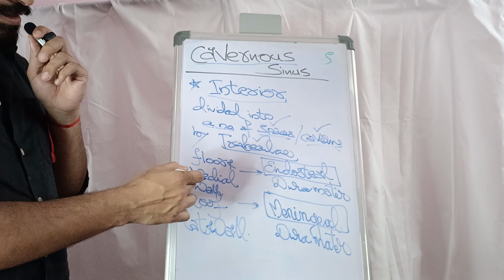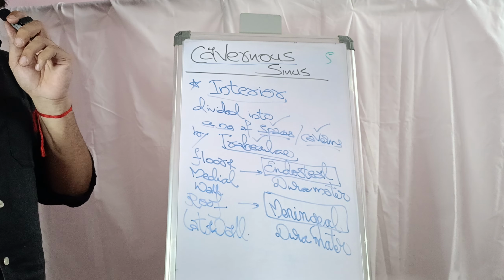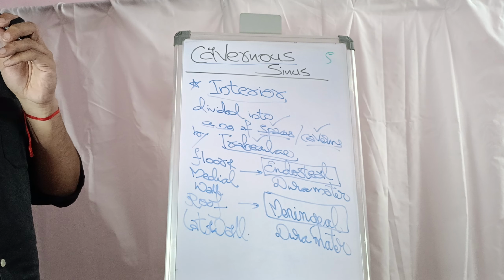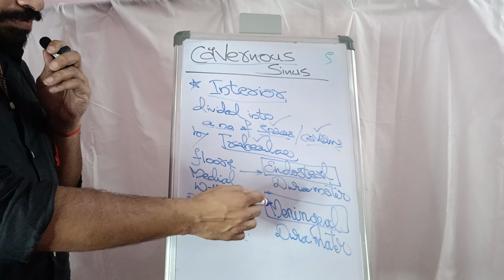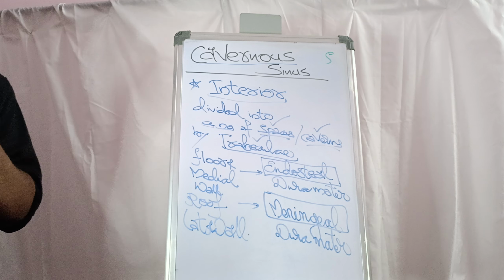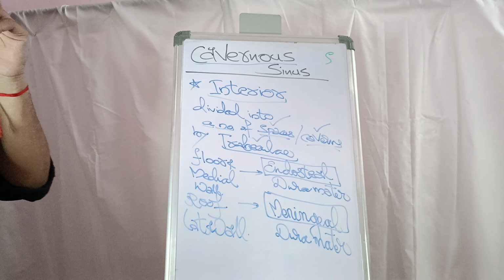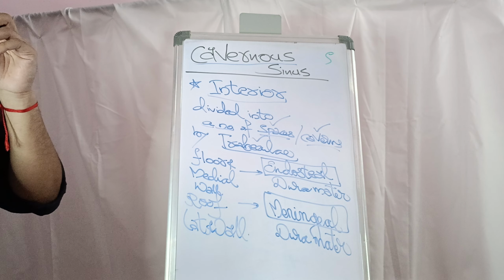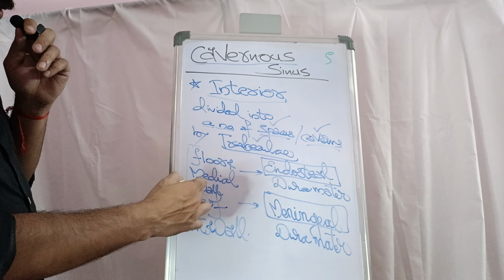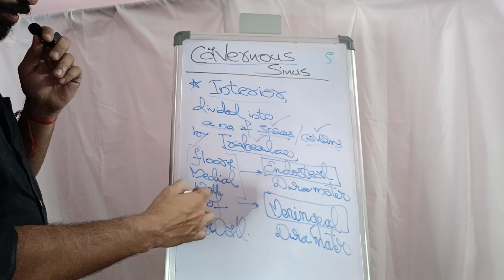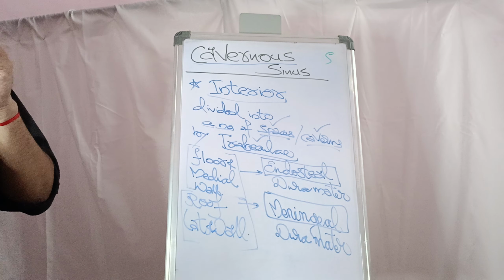The floor and the medial wall are formed by the endosteal dura mater, and the roof and the lateral wall are formed by the meningeal dura mater. These are the features related to the floor and the medial wall and the roof and the lateral wall.